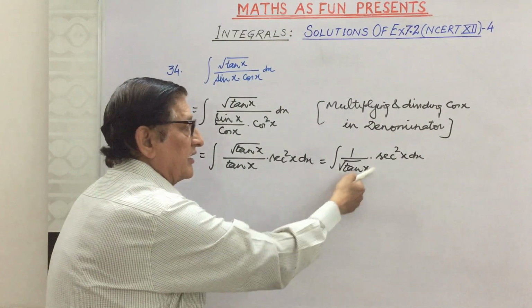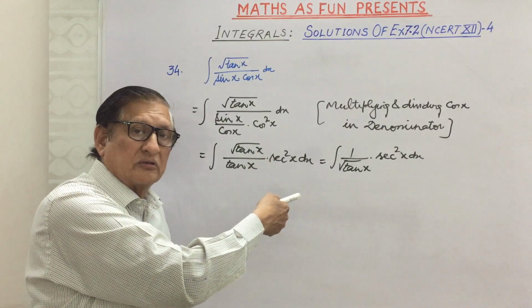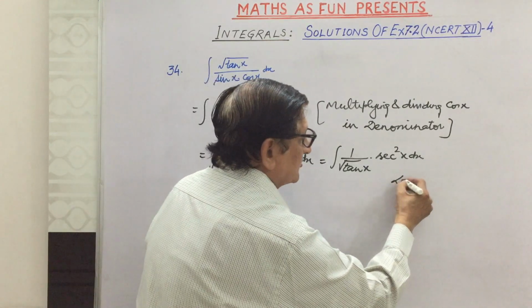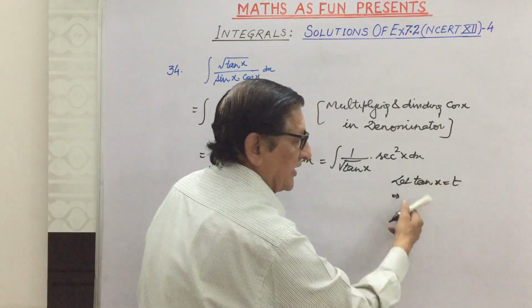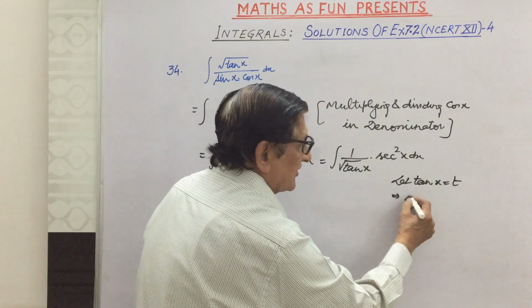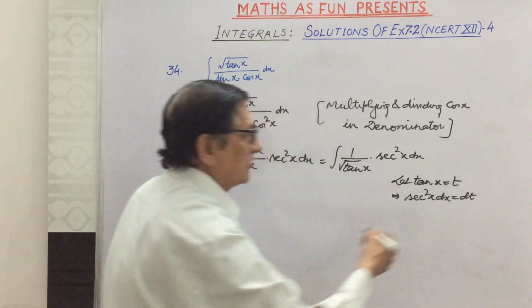Now we can take tan x as t or t square if we want to avoid the radical power. Suppose we take it as t, so let tan x is equal to t, the derivative of tan x is sec square x, so sec square x dx is equal to dt.